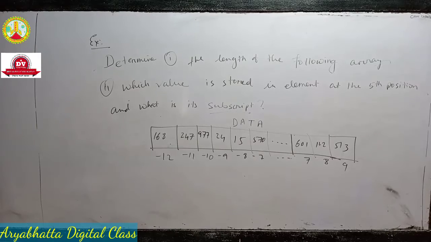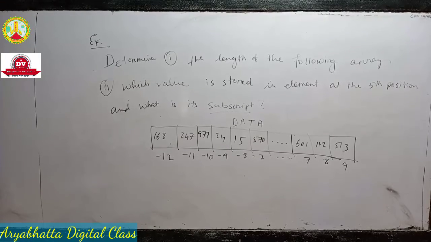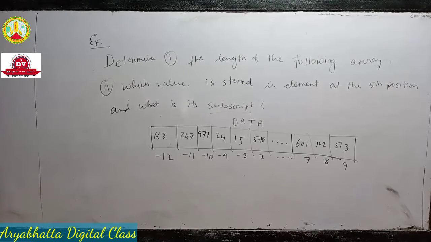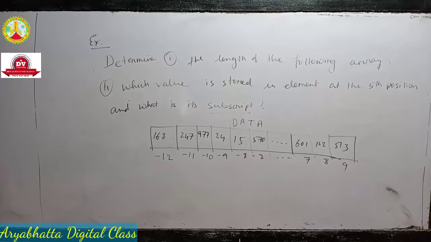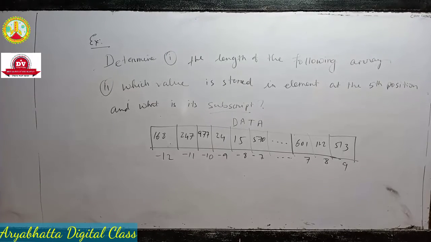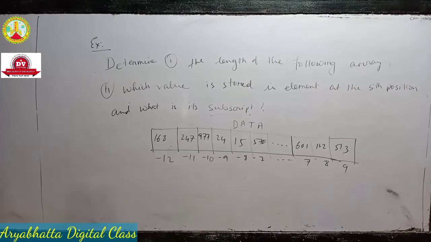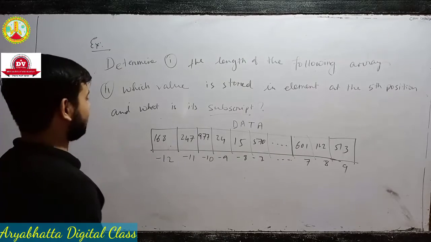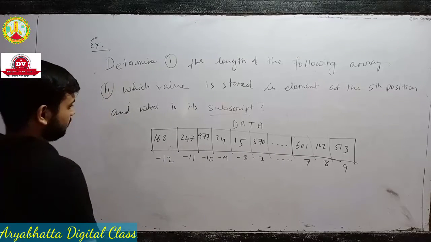Now what are the questions? First is, what is the length of the following array? And second is, which value is stored in the element at the 5th position, and what is its subscript? First, the length of the array.